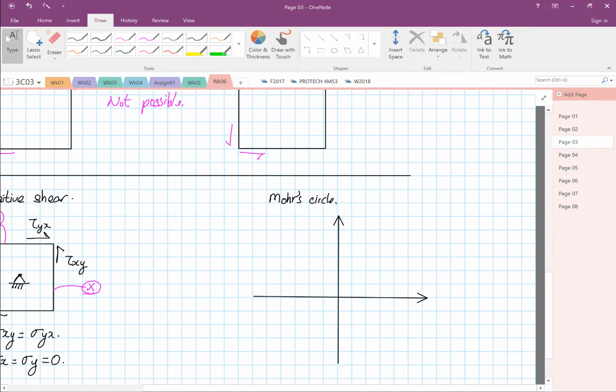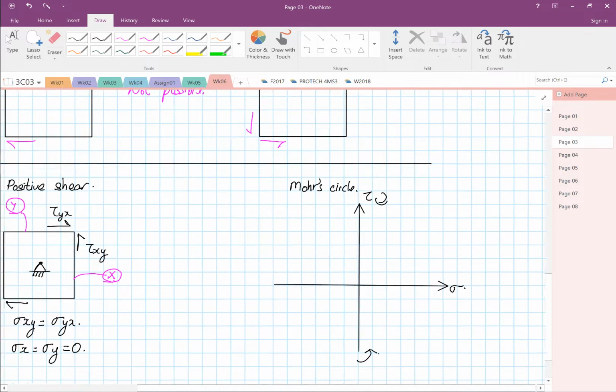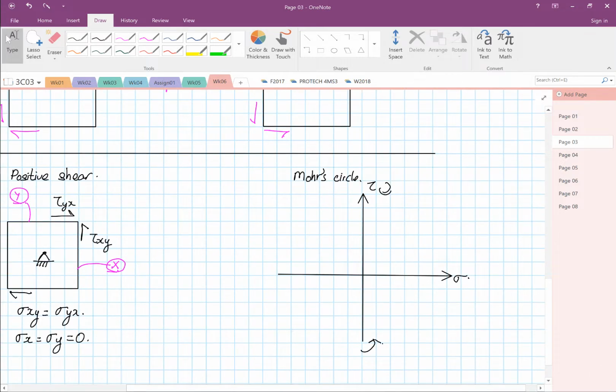So this is normal stress, and this is our shear, in a clockwise direction, anti-clockwise direction. Okay, so we know that point x and point y will lie on the 0 point over here. Okay, so point x and point y, both of them will be on the center line, because normal stress is equal to what? 0.